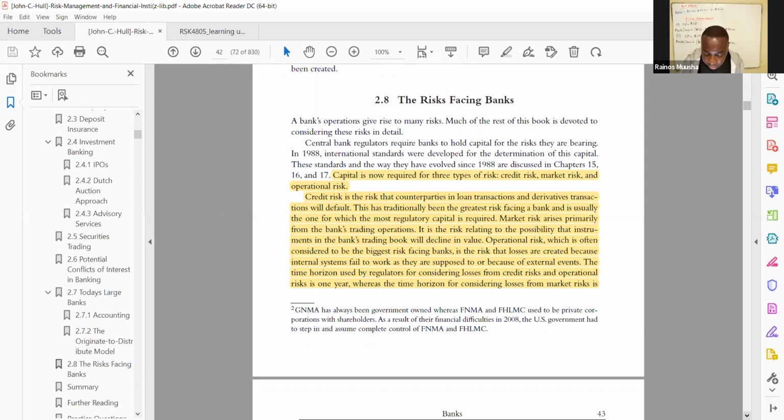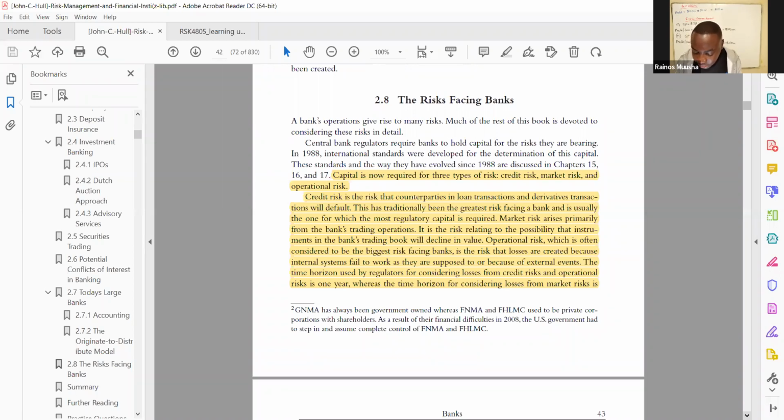Here they say credit risk is the risk that the counterparties on loan transactions and derivative transactions will default. This has traditionally been the greatest risk facing a bank and is usually the one for which the most regulatory capital is required. Market risk arises primarily from the bank's trading operations.